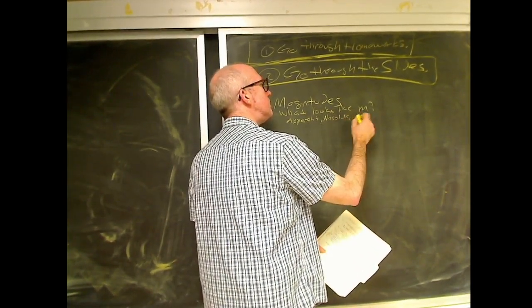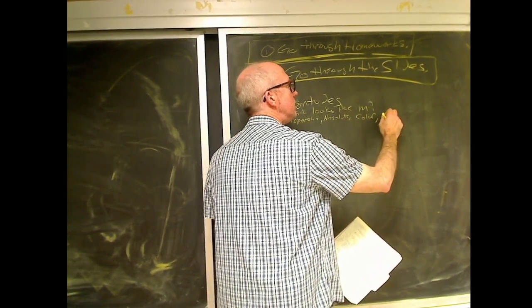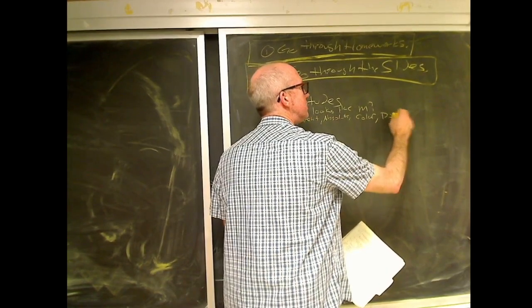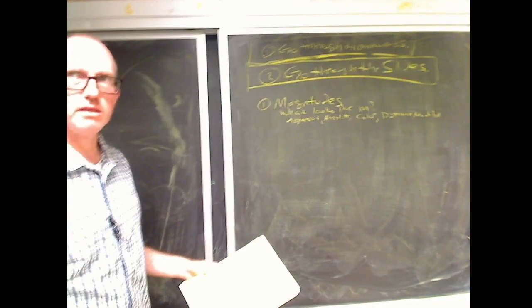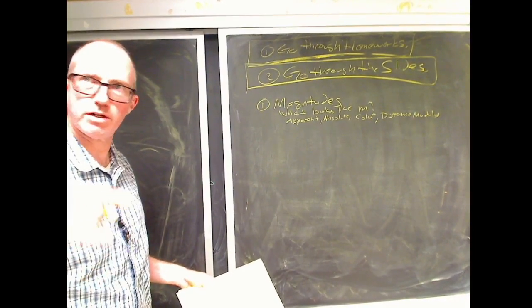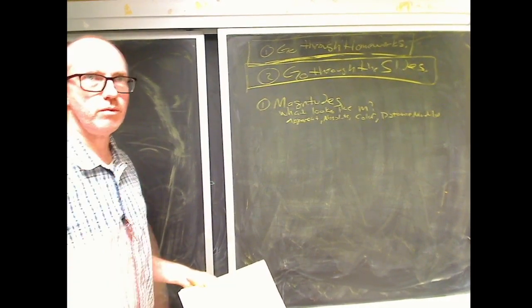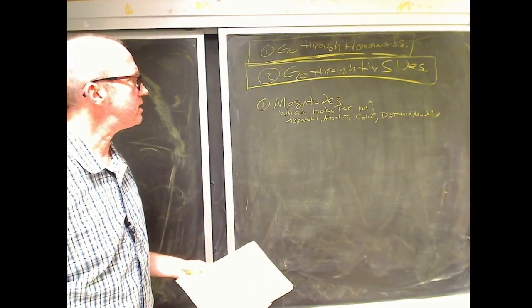We also talked about color, which looks like a magnitude, and we talked about distance modulus, which looks like a magnitude as well. So there's a lot of things that look like magnitudes and behave like magnitudes. Make sure you're comfortable with what they all are and what they do. I feel like I might have missed something in there, but those are the basics.